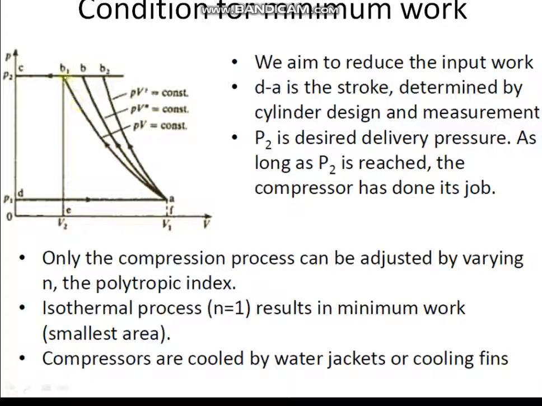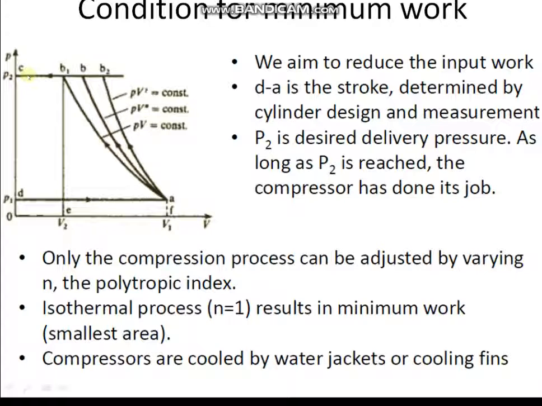A to B1, A to B, or A to B2 may be the compression process, differently as PV equal to constant, which is the isothermal process, PV to the power n equal to constant, the polytropic process, and PV to the power gamma equal to constant, the isentropic process. Then after following any process, the compression is completed, and there is the delivery of the air to the storage at the pressure P2.